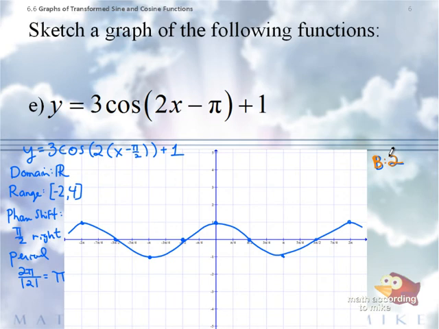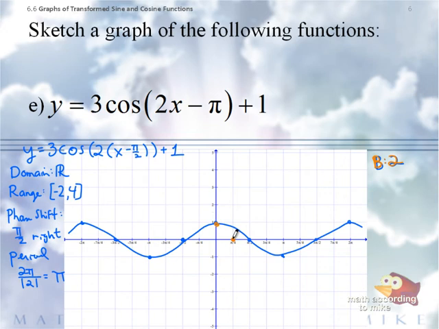Dividing all the x values by 2, the middle point does not change because its x value is 0. So where does this point at pi over 2 move? Pi over 4.